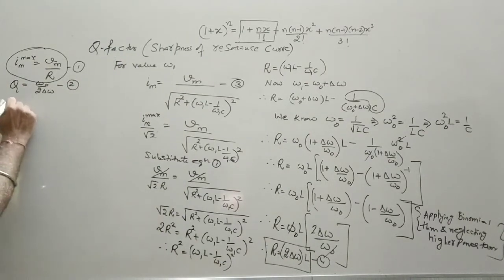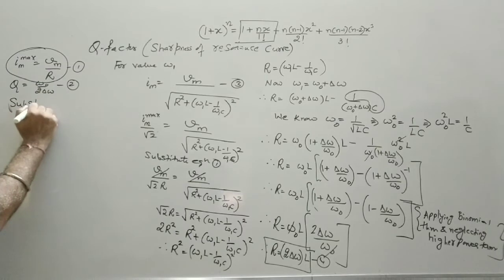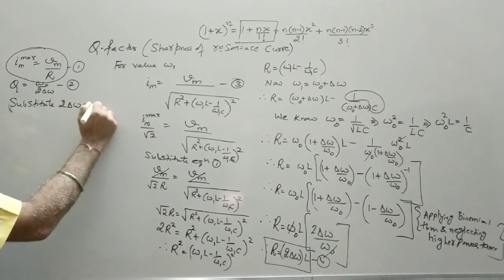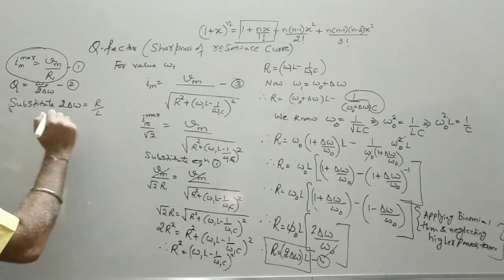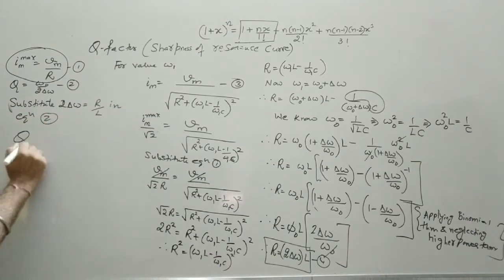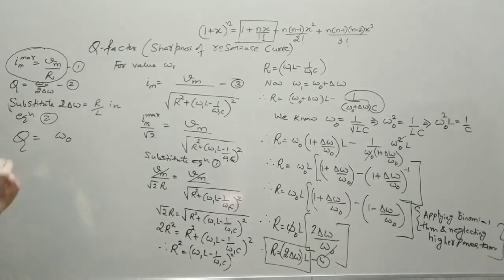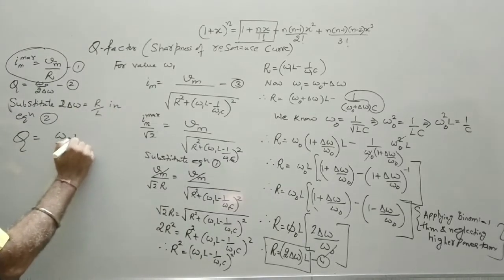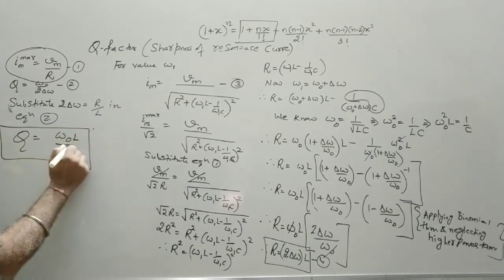So substitute that 2 delta omega is equal to R upon L in equation number 2. So Q factor is equal to omega naught upon 2 delta omega, that is, omega naught upon R by L. So this is the quality factor.